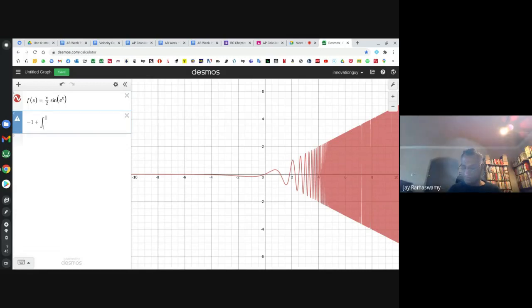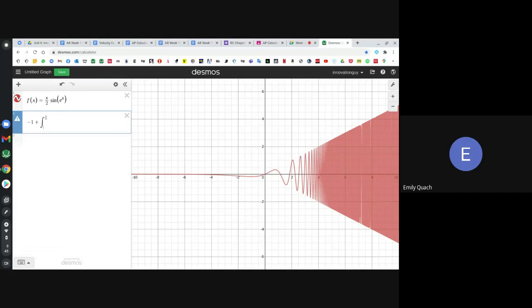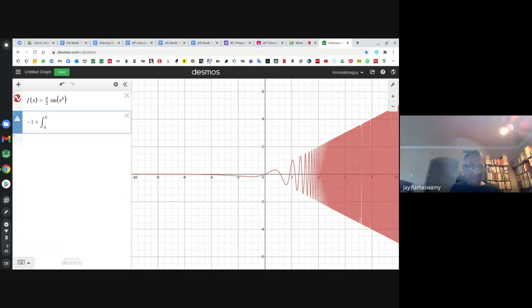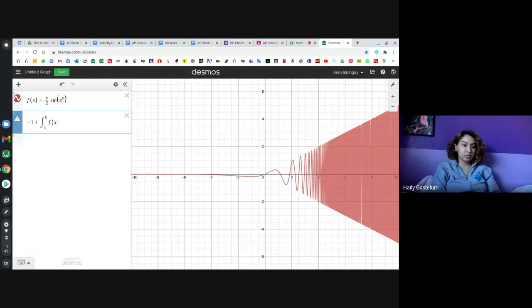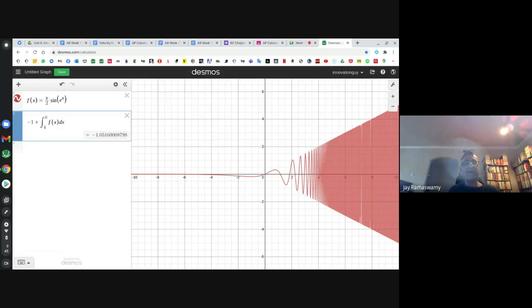Lower limit 4, upper limit 0. And should I just type f of x dx? Does everybody understand why? Yes. Dx. Ta-da! Write down your answer: -1.0516. Do not forget to type -1 plus. So -1.0516.